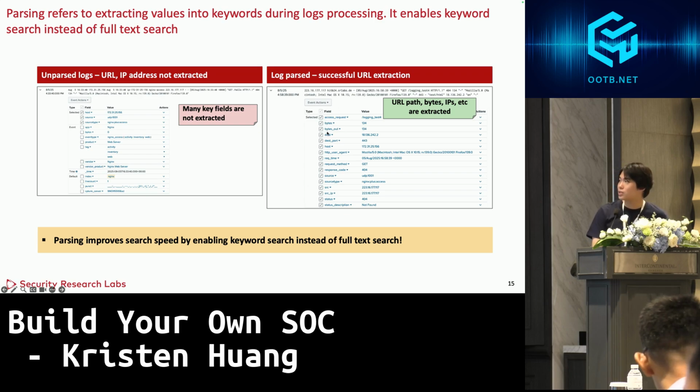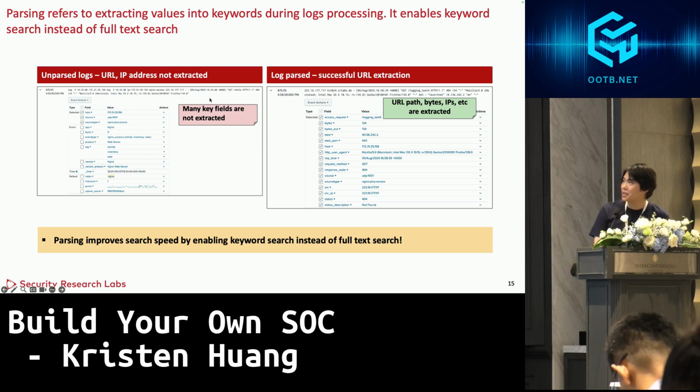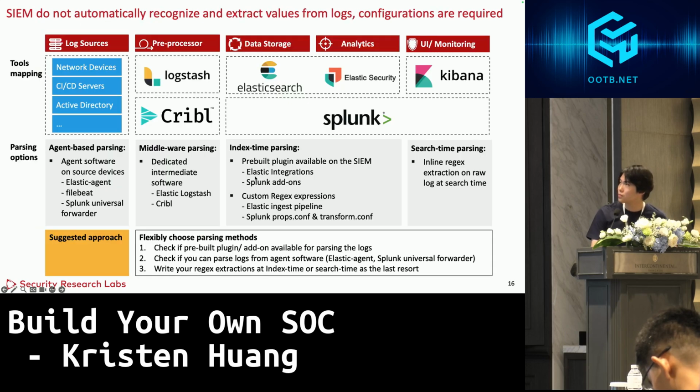So they had a detection rule alerting when the destination equals GitHub. But in their setup, they were actually on the left-hand side. They didn't have the destination extracted, so they always received no alerts for those detections. So we had to fix that by setting up proper parsing. Here I want to show you how you can configure parsing.